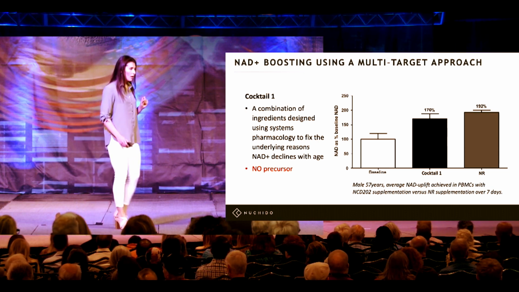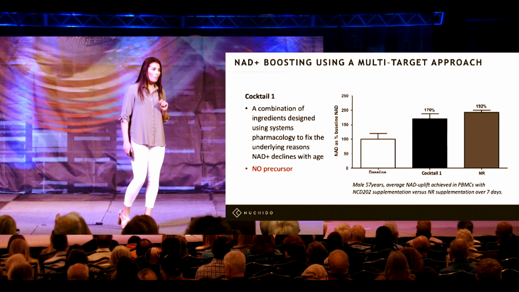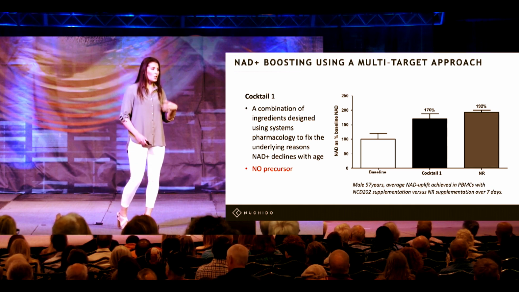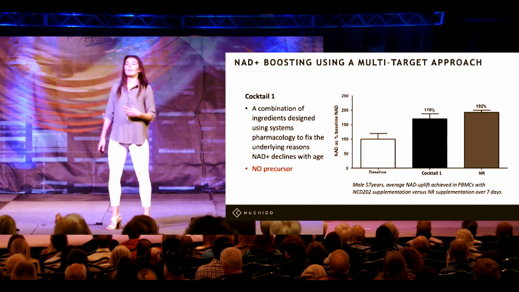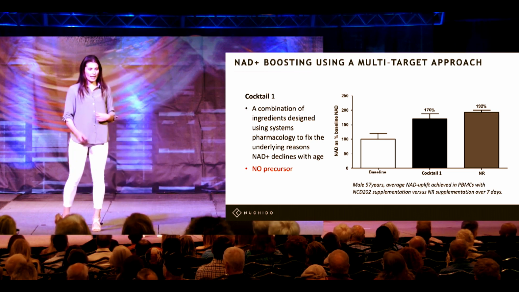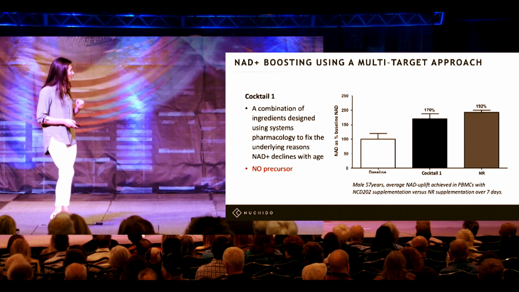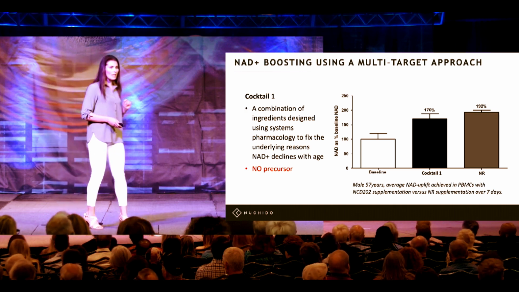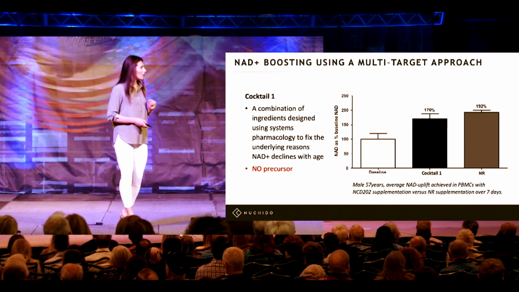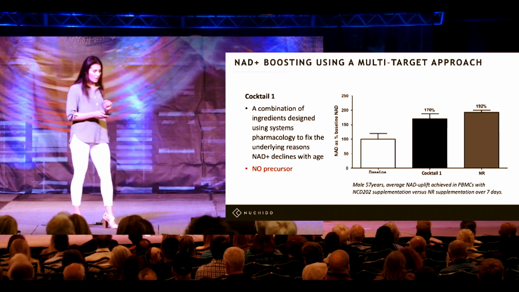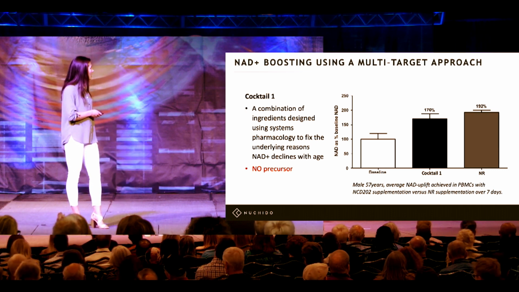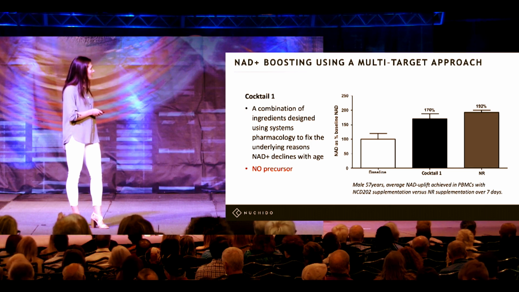This was simply trying to get the cells to switch back on their youthful capacity to make NAD. And what we found is that when we give it to a male 57 years old, we measured the NAD levels in his blood before and after over a 7-day period. You can see that you were getting a 70% increase above baseline, okay?